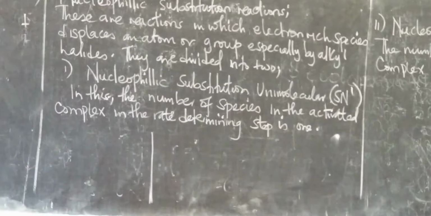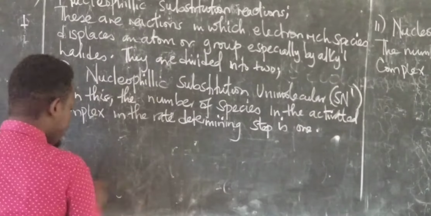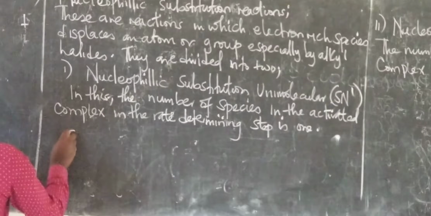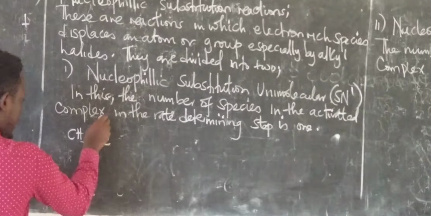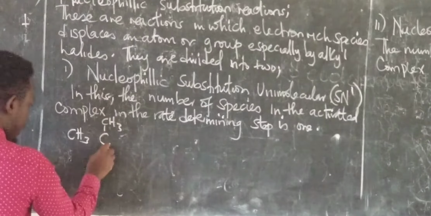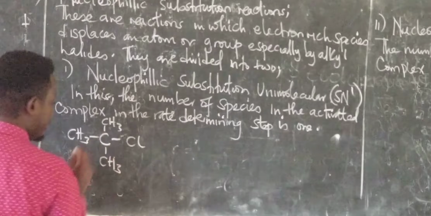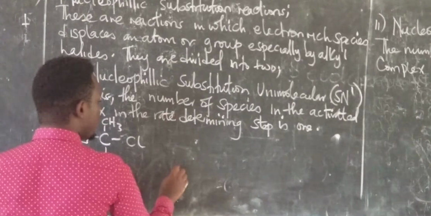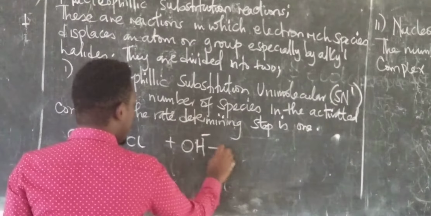For example, an example I'm going to give, if you have CH3, C, then this is still CH3, this is also still CH3, then Cl, right? It is going to react with the OH, maybe from sodium hydroxide.